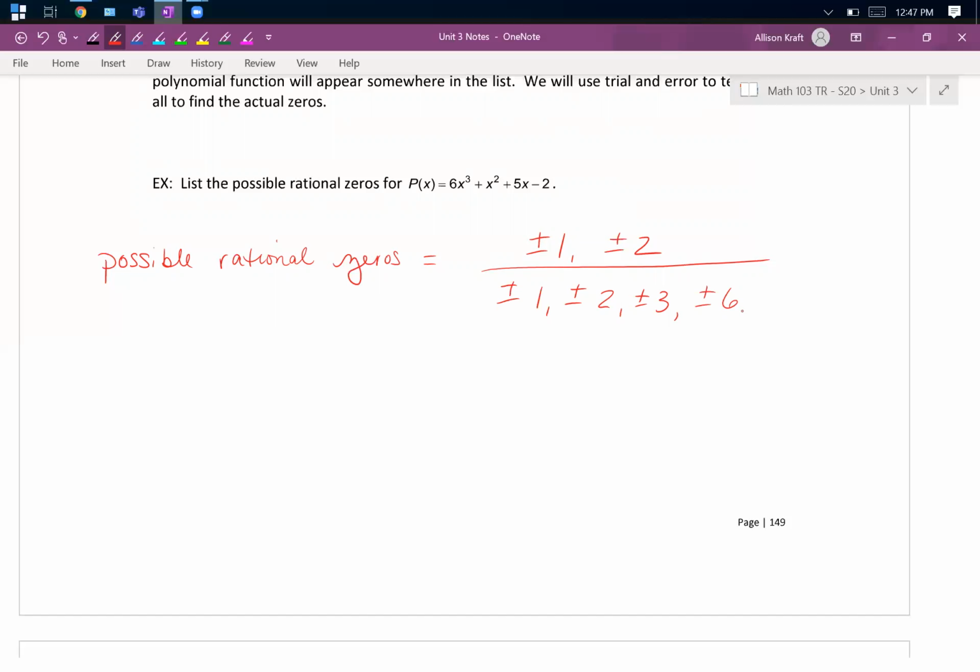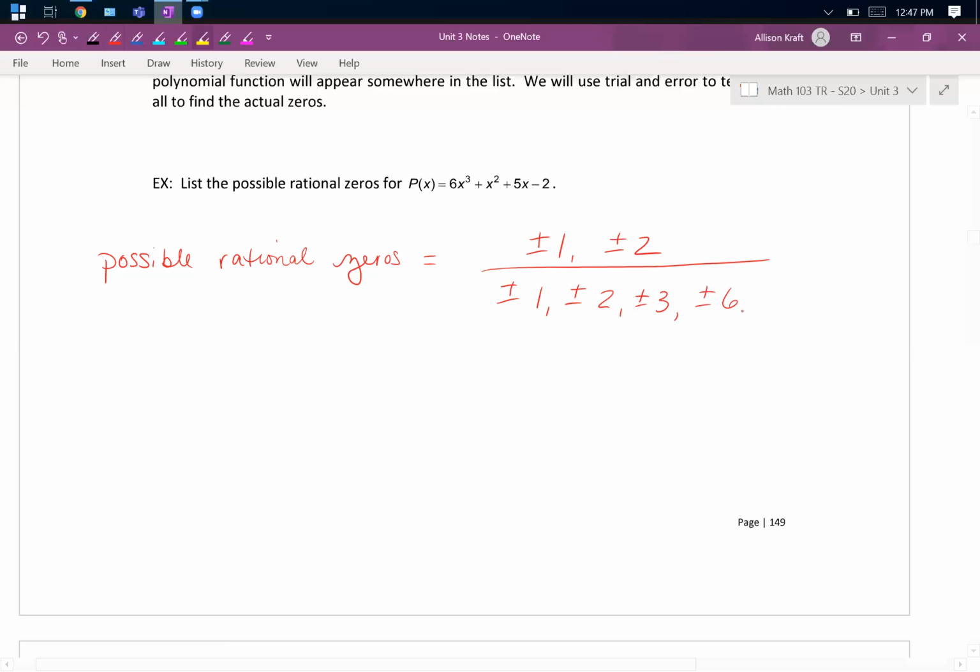Now we want to clean up this gross fraction into a list of numbers that look normal to us. The first thing I want to do is address all these plus or minuses. We have a plus or minus in the top divided by a plus or minus in the bottom. A plus or minus divided by a plus or minus is actually a plus or minus.